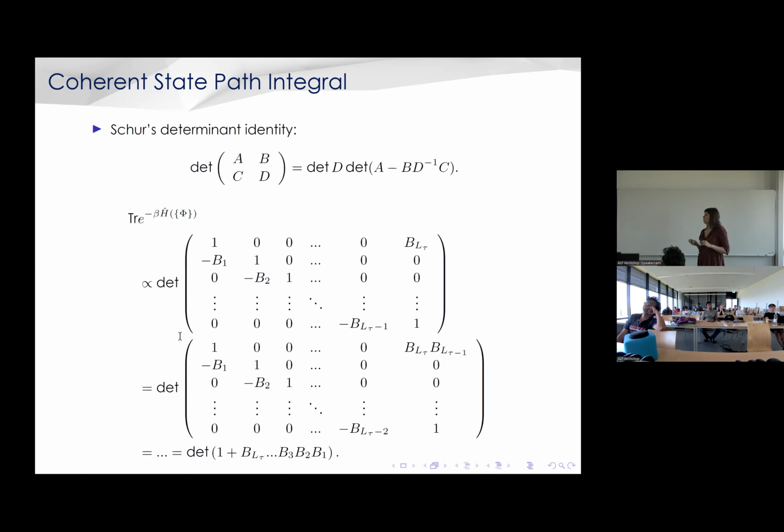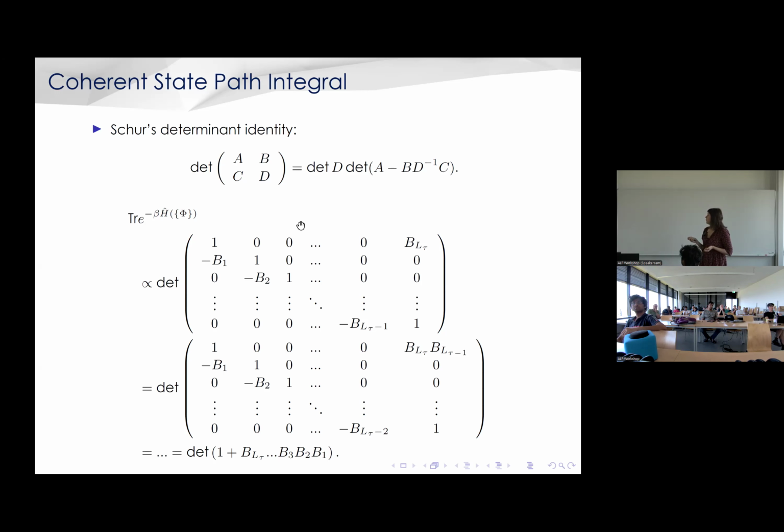But we don't ultimately have to use that in order to compute our weights. We don't have to do a full space-time by space-time matrix, because we can further use Schur's determinant identity, which will allow us to take this original expression, and by identifying blocks with this, we can first rewrite it here so it's one time dimension less effectively, because now we have a product of these two B matrices.